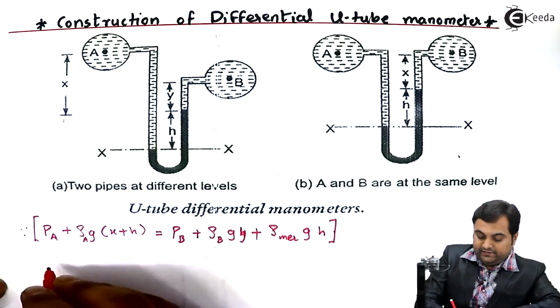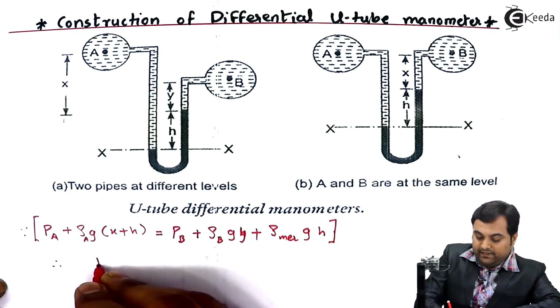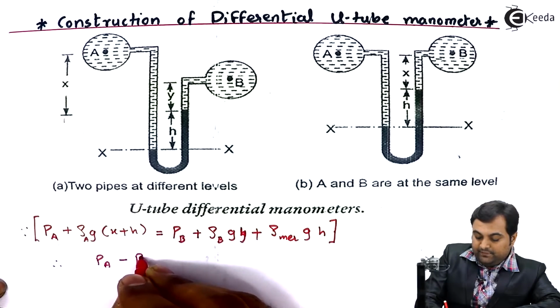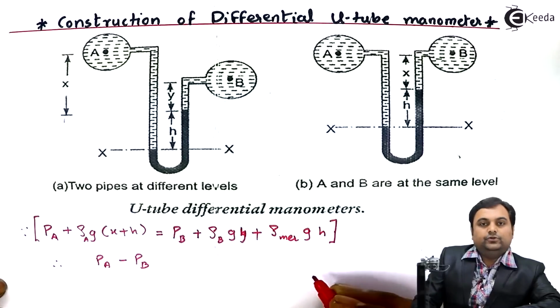After that I would be taking the difference, therefore I'll keep PA minus PB. This PB I am shifting onto the left side.